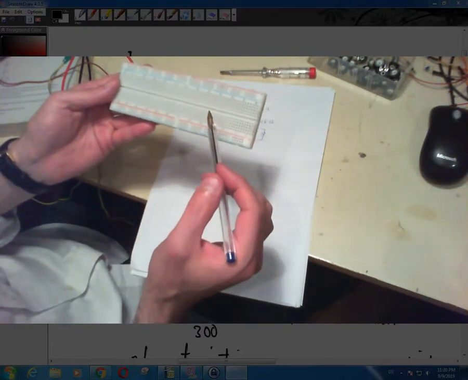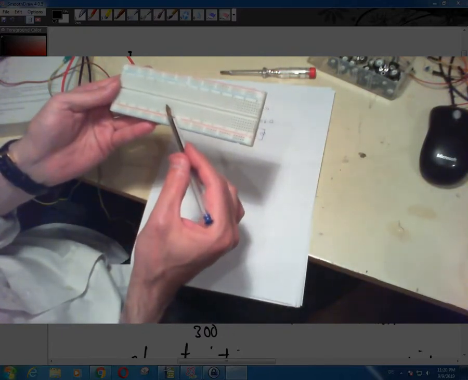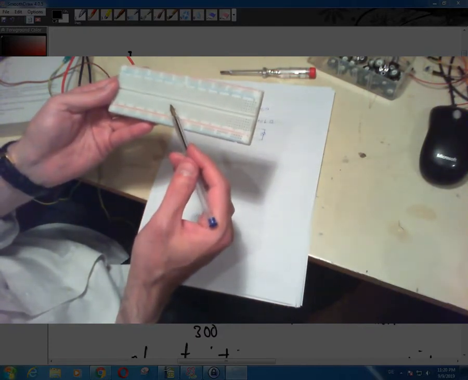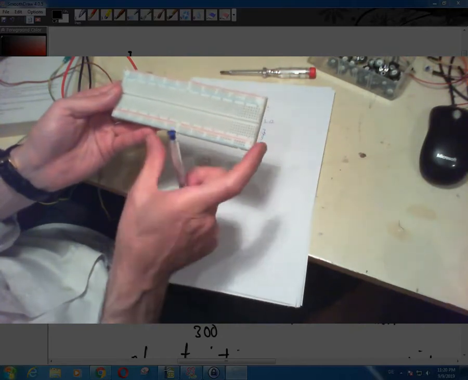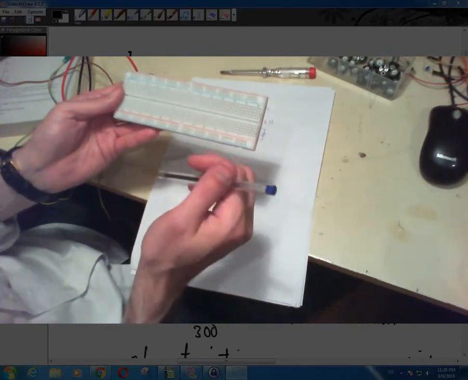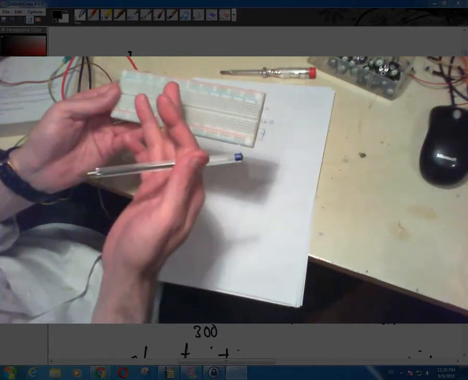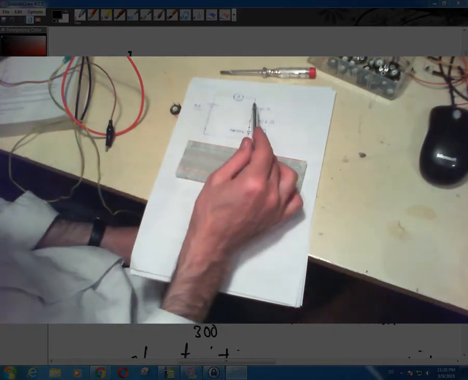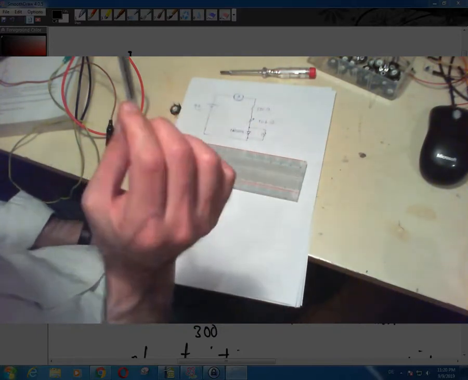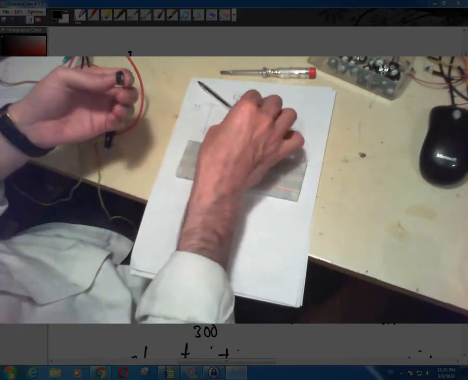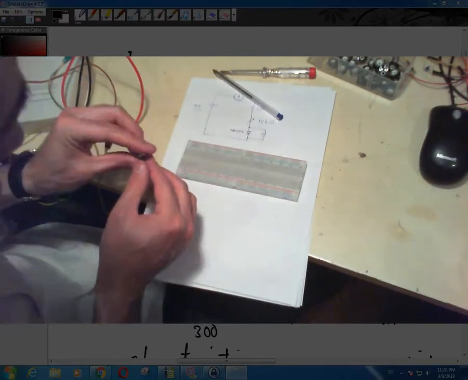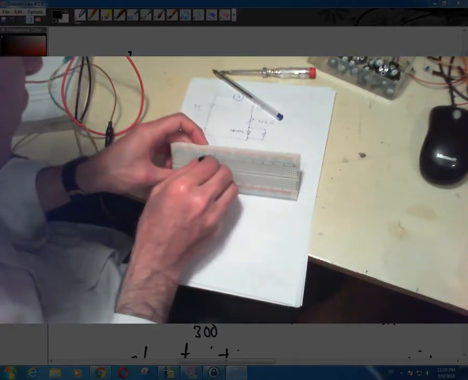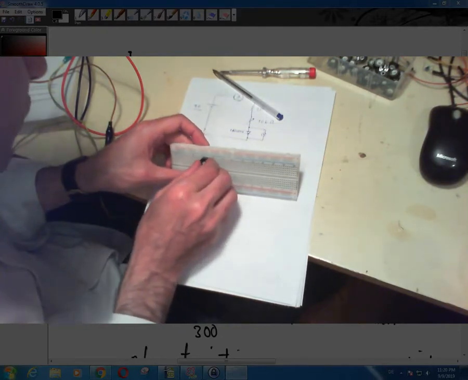And now, for example, the way this breadboard works is, say you want to connect a resistor to a potentiometer. So you connect your potentiometer somehow to your breadboard, if that's possible. Let me see if I can do it.